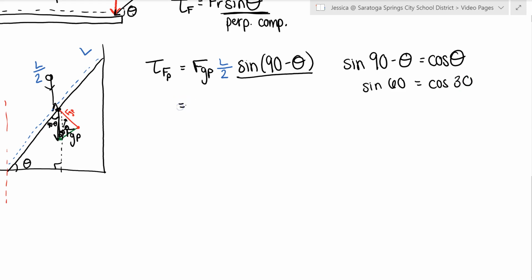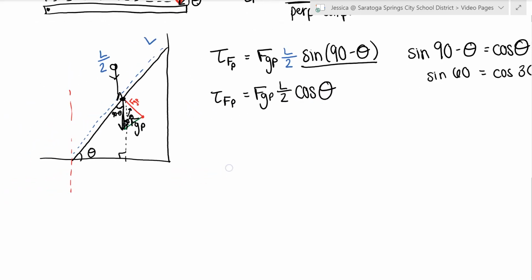So if this were a multiple choice, this question would probably look like not FG L over 2 sine of 90 minus theta. It would look like FG from the person, L over 2, cosine of theta, just to simplify it. But that's really the only time we see this kind of flip to cosine, where we have situations like this.